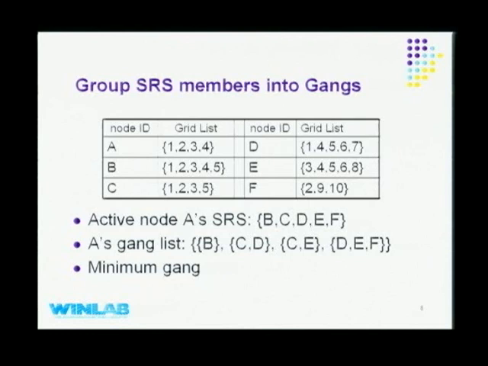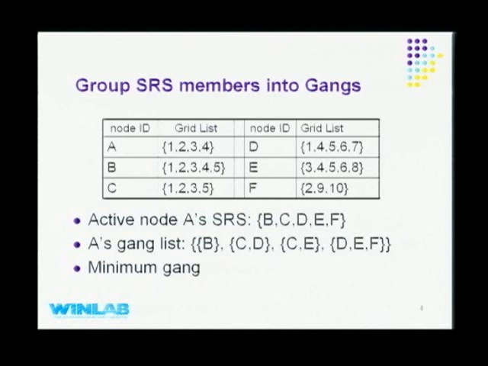So we need the help of D, because D covers 4. So C and D combined could cover the coverage of node A. So C and D constitute a GAN of node A, and following the same logic, we can say C and E is a GAN, D and F is a GAN.